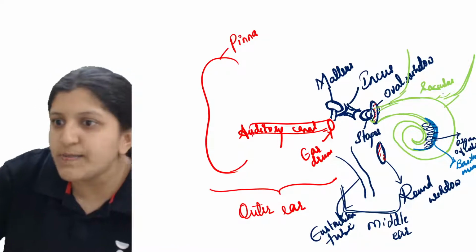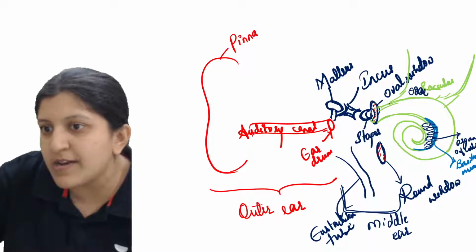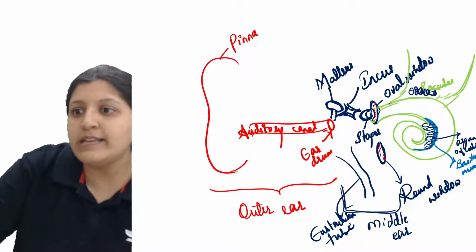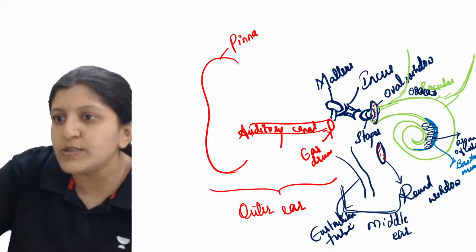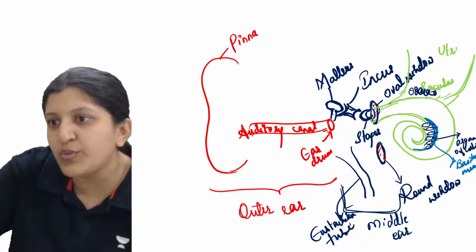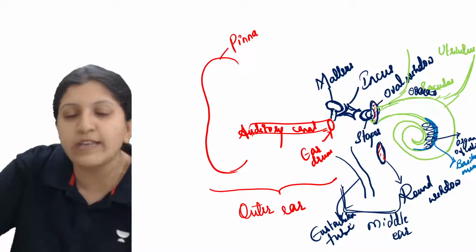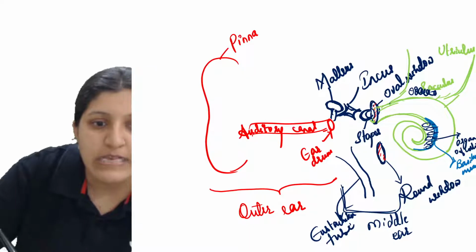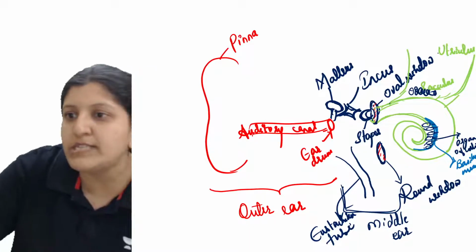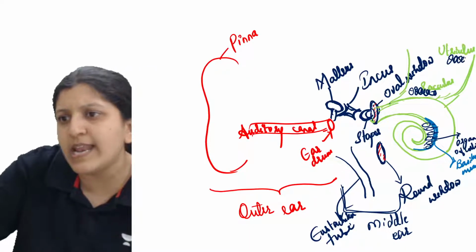So let me make certain sensory cells here, and then in continuity over here you can find the utriculus part. So let me label this as utriculus and sacculus. In the utriculus also you can find certain sensory cells, so let me make some sensory cells there as well.